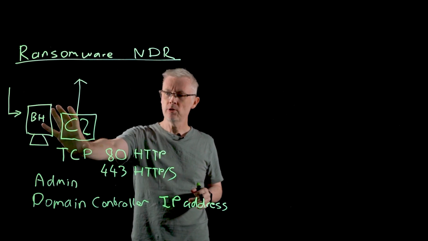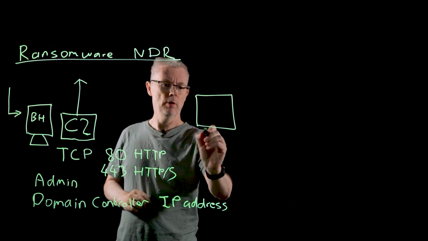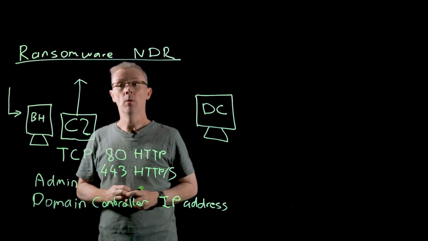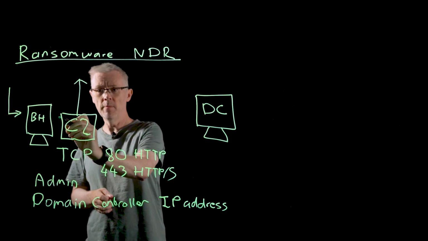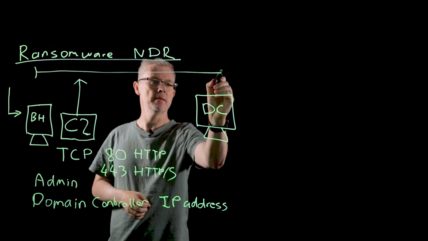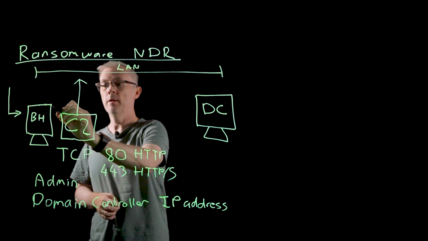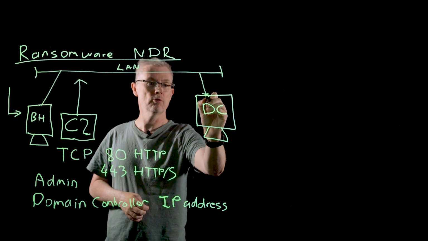Well, I'm on my Beachhead server, but I want to get over to my domain controller, my DC. So I'm going to have to move across the network from the Beachhead server. Let's say this is our LAN. And I'm going to go from the Beachhead server across the LAN down onto the domain controller.